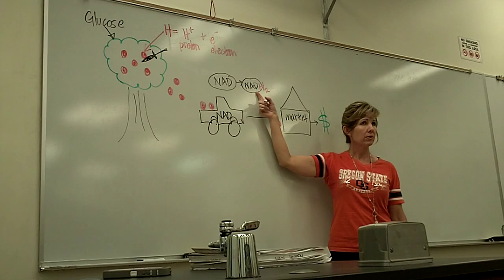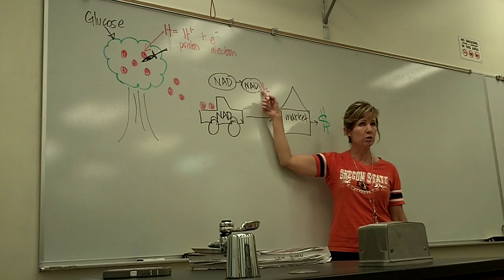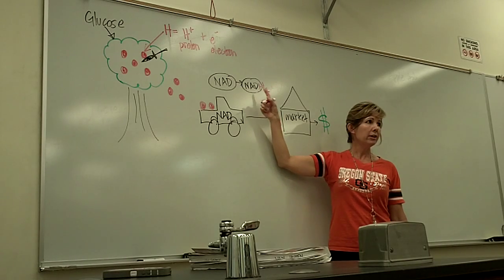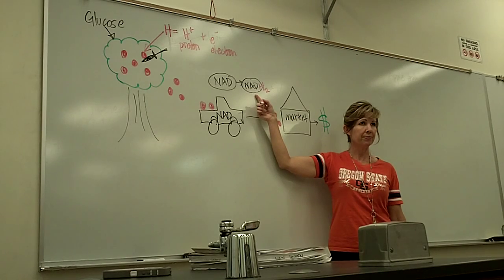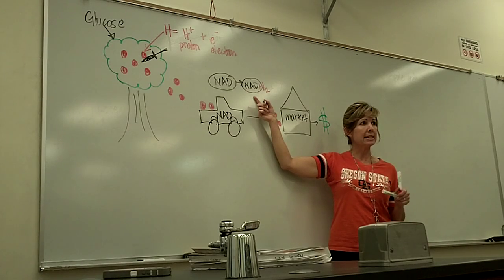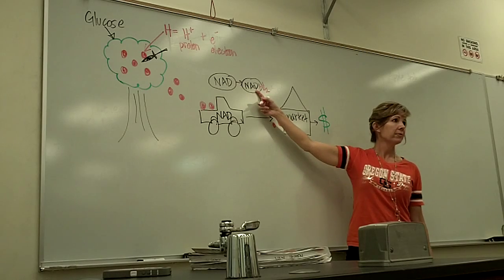Reduced. So this will be reduced. It does have the extra electrons here. Will this be the more energetic or less energetic form of NAD? More. Okay, so it's the more energetic, which means it has the most potential to get more energy.